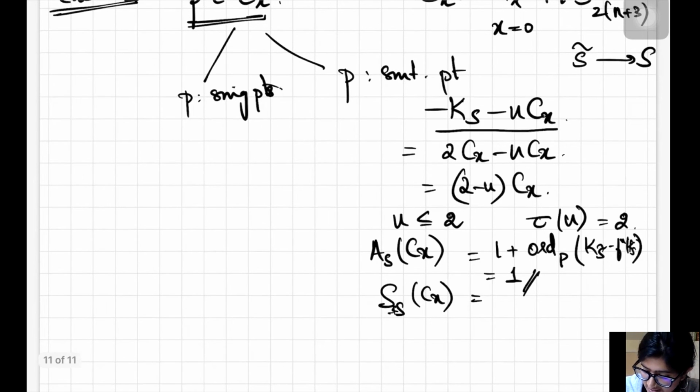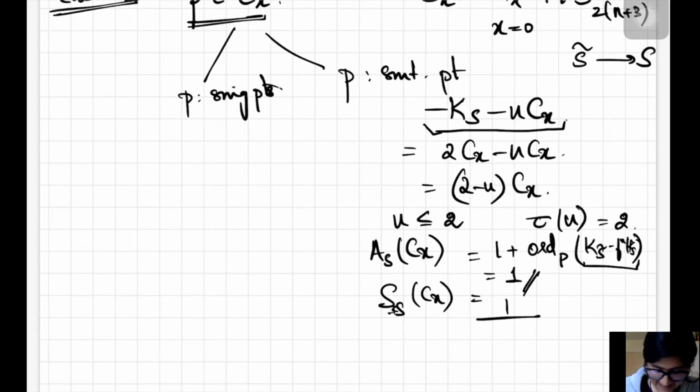The divisor you've taken, you're looking at curves on the surface S, which means there is no relative canonical here, which is precisely why your order here is just 0 trivially, and so your log discrepancy is just 1.